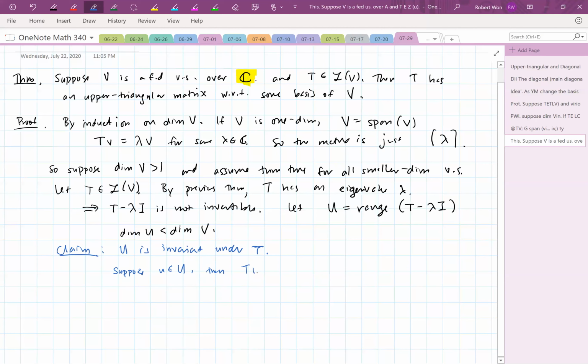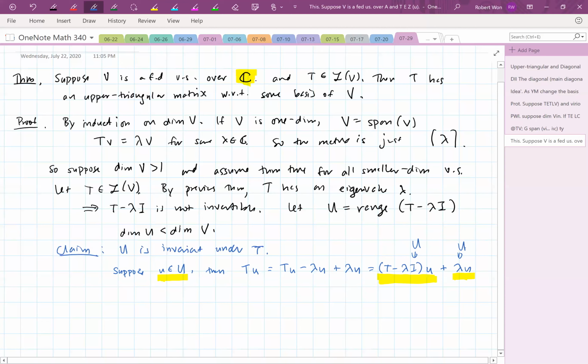But Tu, I can write in a clever way as Tu minus lambda u plus lambda u, which is (T minus lambda I)u plus lambda u. Now this vector is in U because U is the range of T minus lambda I. And since u is in U, lambda u, which is a scalar multiple, is also in U. So both of these vectors are in U, which shows that if u is in U, then Tu is in U. So U is invariant under T.